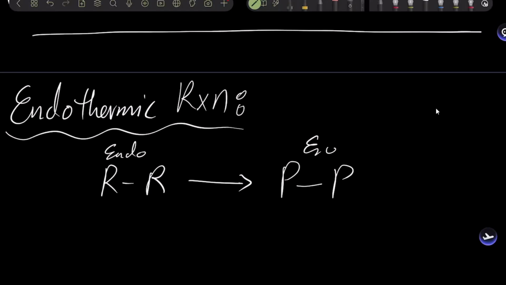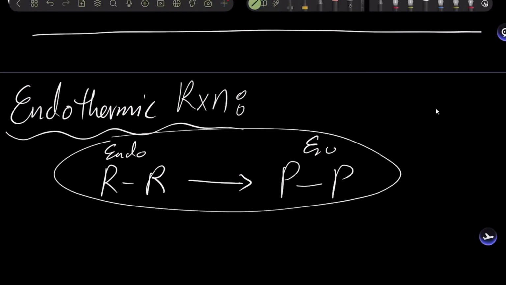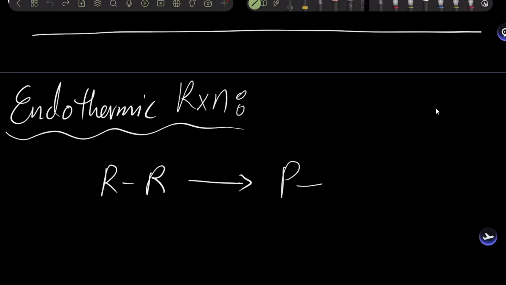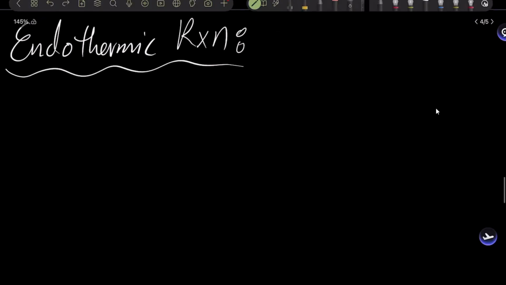When is the complete reaction, this overall reaction, going to be endothermic? When this energy is greater than the energy that is released when bonds were formed, right? So the overall net change would be that the overall reaction is endothermic, right? So that's when endothermic reactions are going to happen.